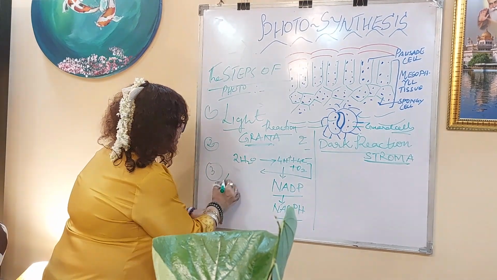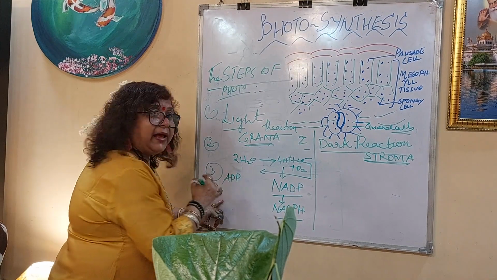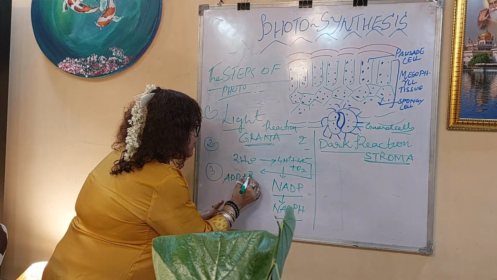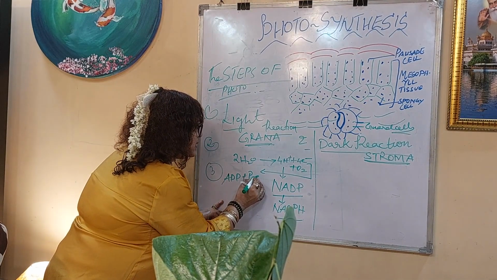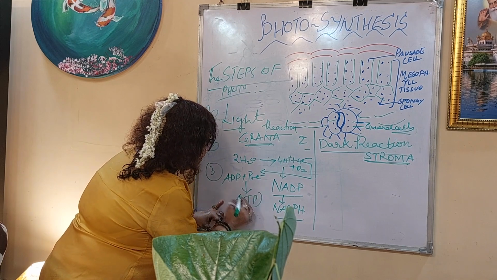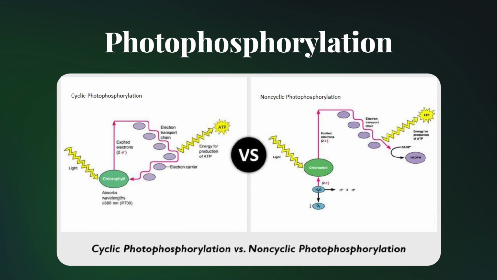Photophosphorylation. That is ADP, adenosine diphosphate, plus one inorganic phosphate, plus this electron gets transformed to ATP. This is termed as photophosphorylation. Break it. Photo, addition of phosphate, phosphorylation.